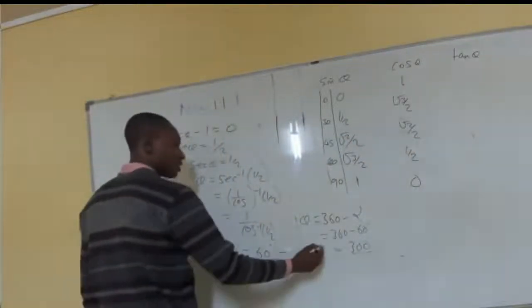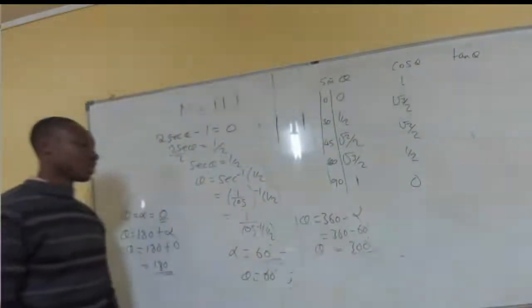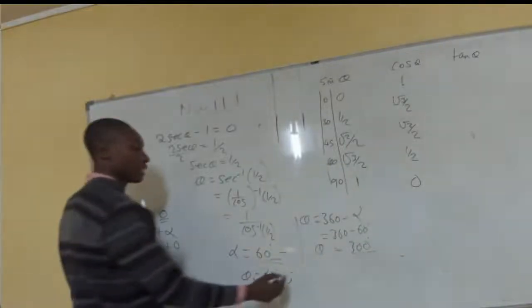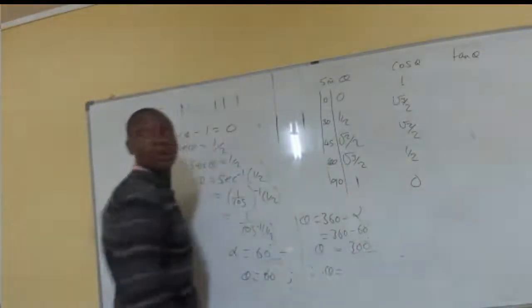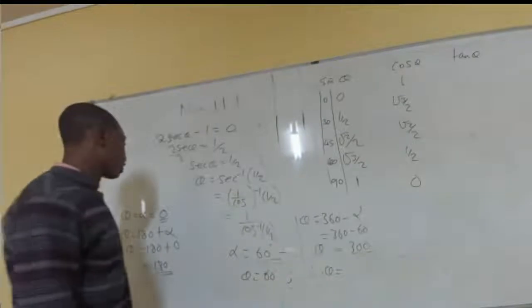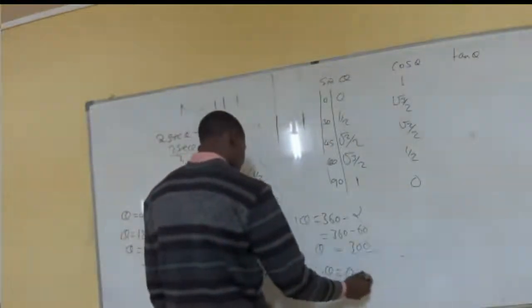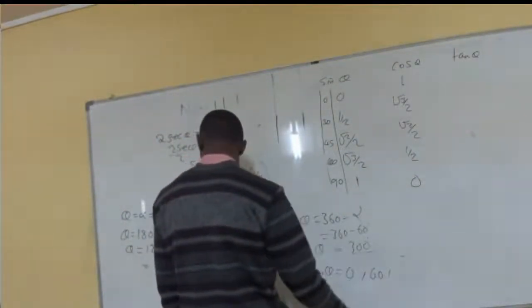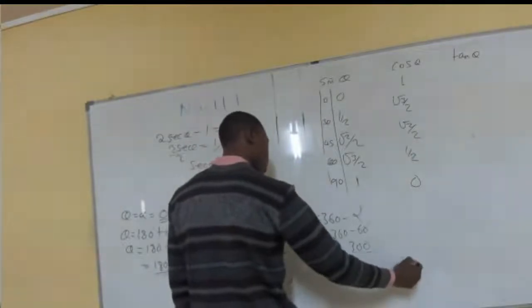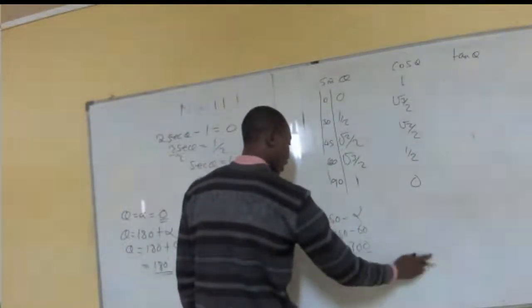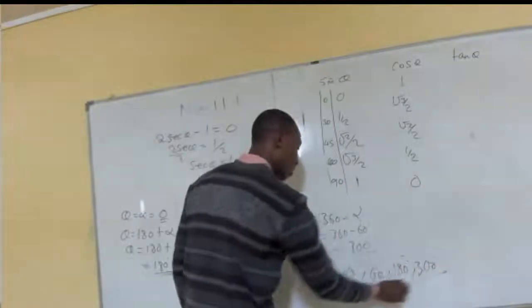So this is what we have as our theta. Therefore, theta is equal to 0, 60, 180, and finally 300.